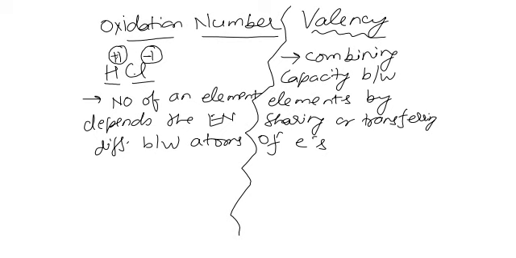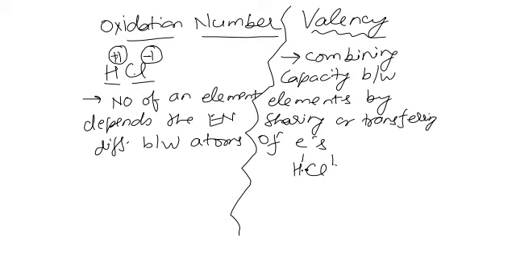Now what else will be different? I was just discussing hydrochloric acid. In hydrochloric acid, what is the valency of hydrogen? 1. What is the valency of chlorine? 1. Why are both valencies 1? Because there is sharing of 1 electron each.